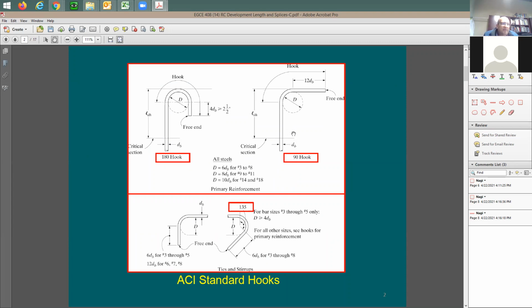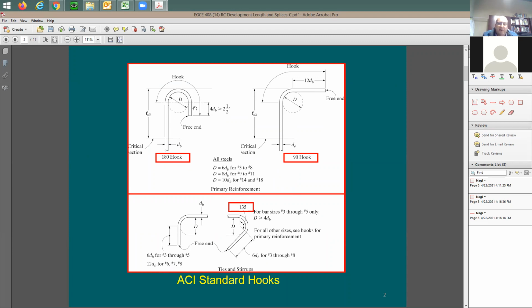And as you see here, if you're doing this 90-degree hook, you need to extend the tail, the free end, for 12 db. And if you're doing this 180, the tail comes here 4 db from the center of the rebar. You imagine that you have a rebar or something, like a pin that you put this around. And this bend size compared to this rebar size is going to be 6 times the rebar size.